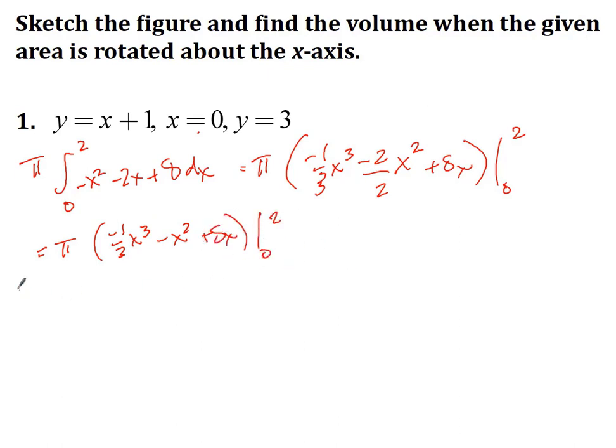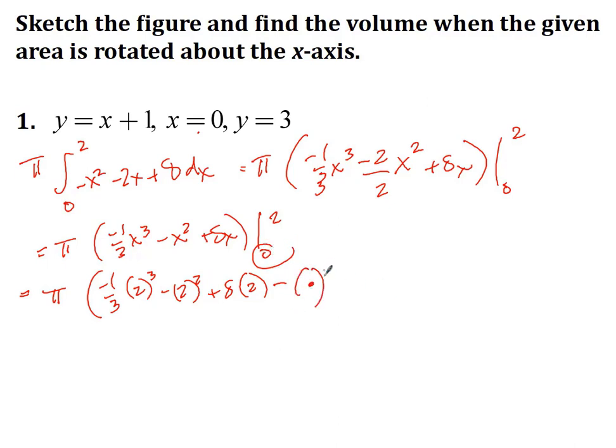Now we're going to substitute in our values. Substitute in the 2. So negative 1/3 times 2 cubed minus 2 squared plus 8 times 2. And once again, 0 as a limit of integration is super awesome because it just becomes 0. Oh, happy day. All right. And so this is going to simplify to be 2 cubed is 8.